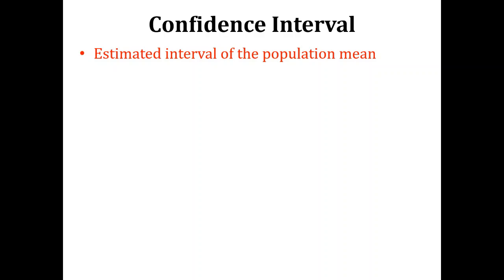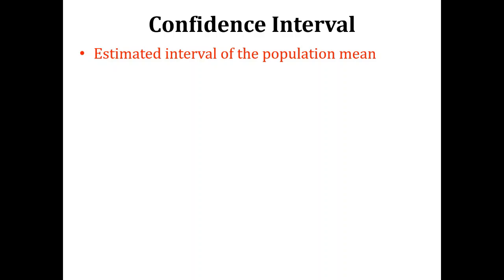The population mean we cannot define in the form of a single number, a single value. Rather, we are going to define an interval in which the population mean is expected to lie. And this estimated interval of the population mean is known as the confidence interval, right? So what is a confidence interval?